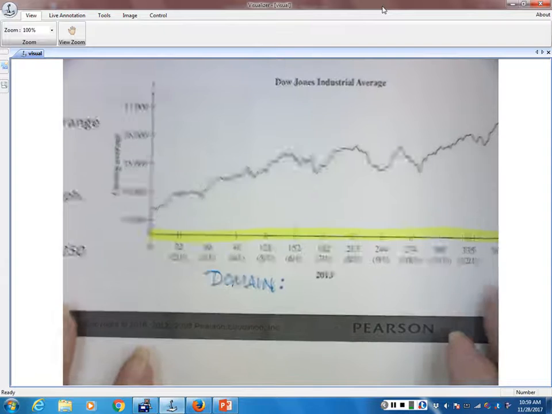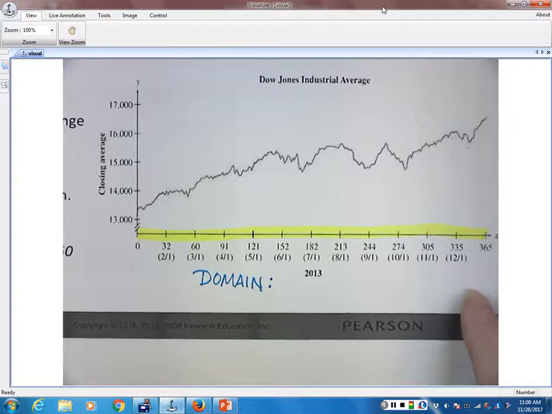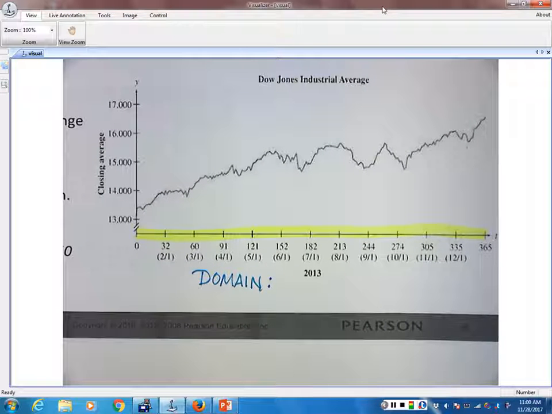And we have to have a way to list all of those numbers, and we could list it out in words. We could say the domain is the values 0 through 365, where each number represents a particular day in 2013. That's actually what the domain is.